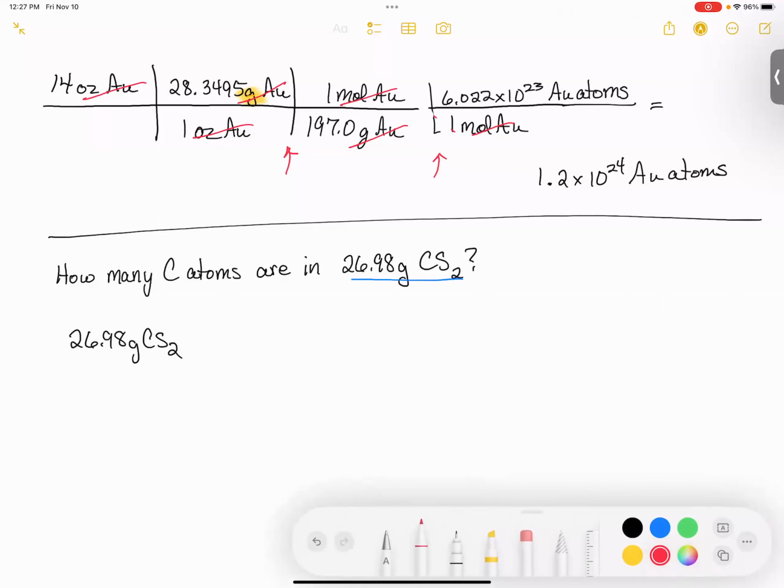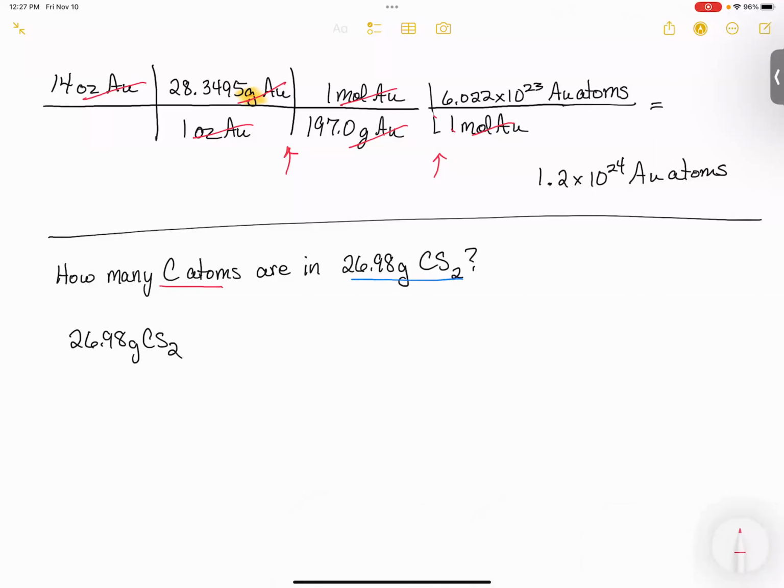Identify what you want to solve for: I want carbon atoms. Now let's break it down.